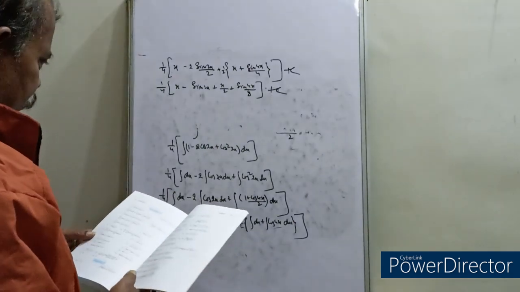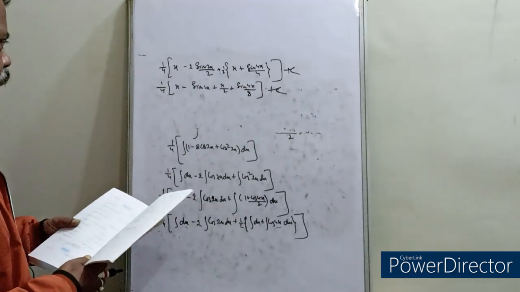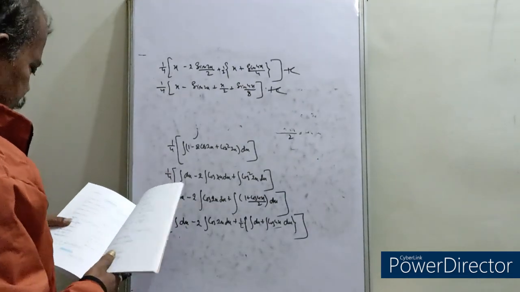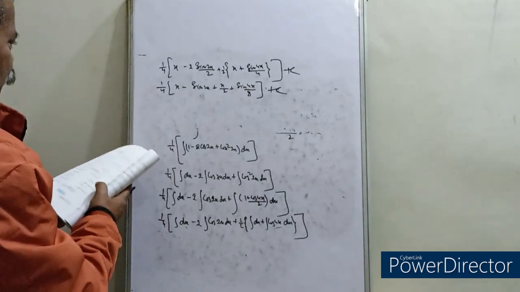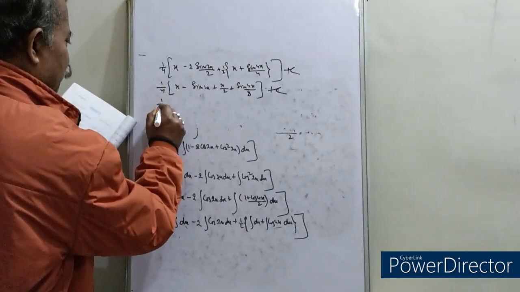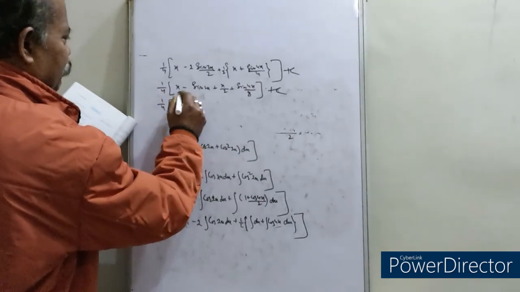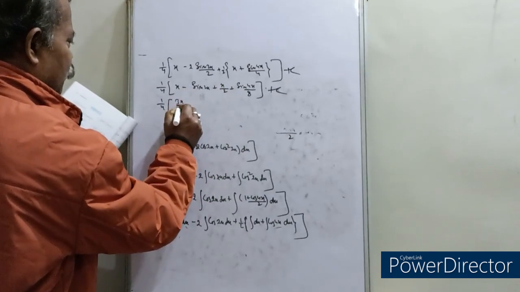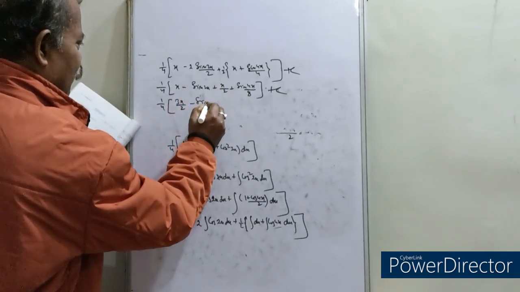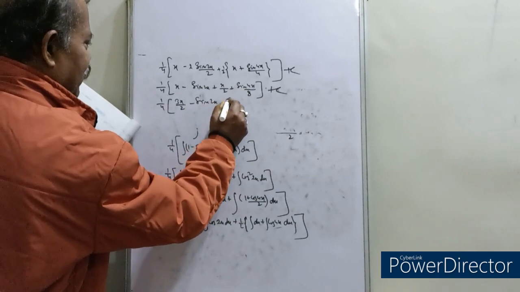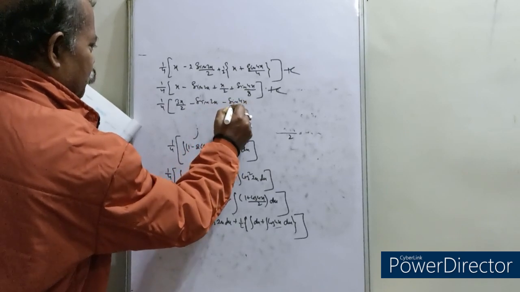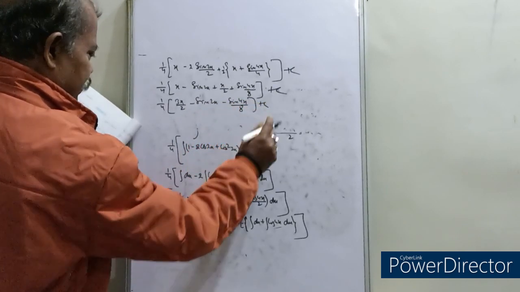So here your answer is, after simplification, 1 by 4 { x plus 3x by 2 minus sine 2x minus sine 4x by 8 } plus c.